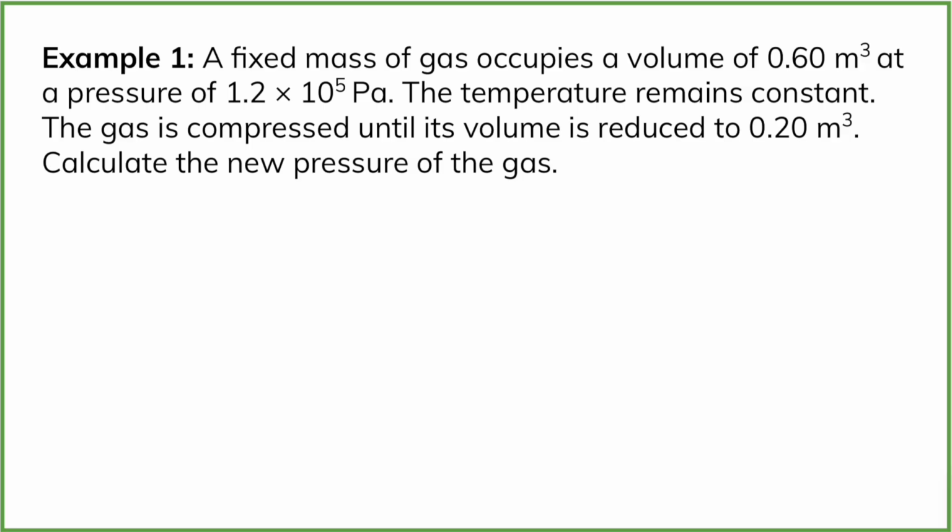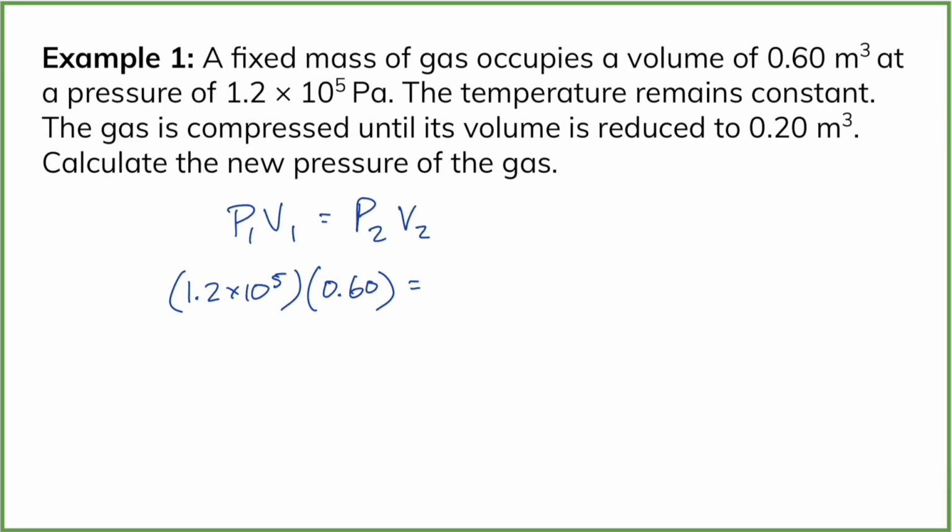For pressure 1, we know that it is 1.2 times 10 to the 5 pascals, and the original volume is 0.60. That equals the new pressure with 0.20 meters cubed. If I divide both sides by 0.2, I get the new pressure of 3.6 times 10 to the 5 pascals.